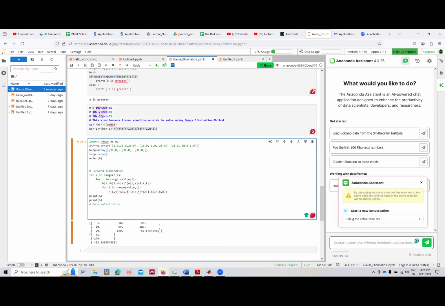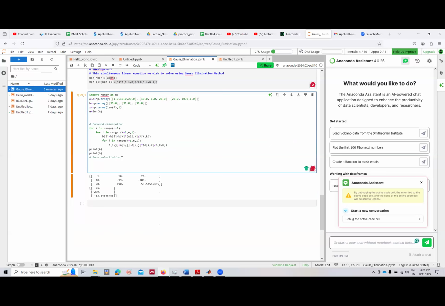This will have what size? Size length of A comma 1. Means it will have 3 rows, whatever the length of A comma 1 column. Okay, this is my x.